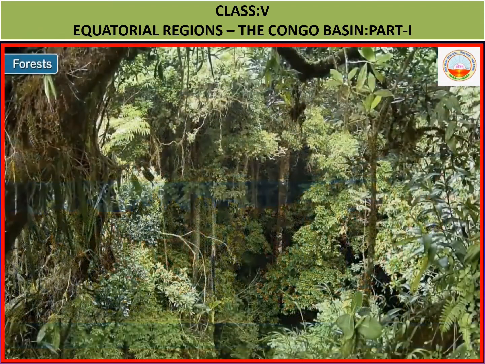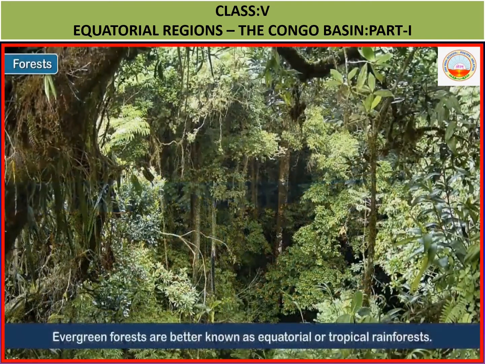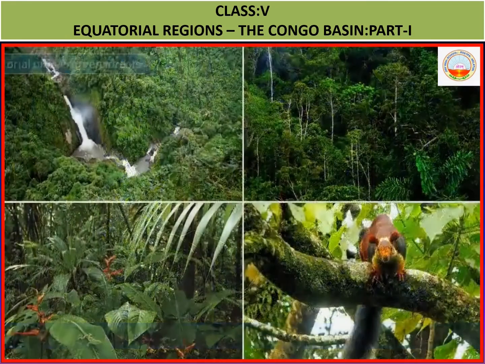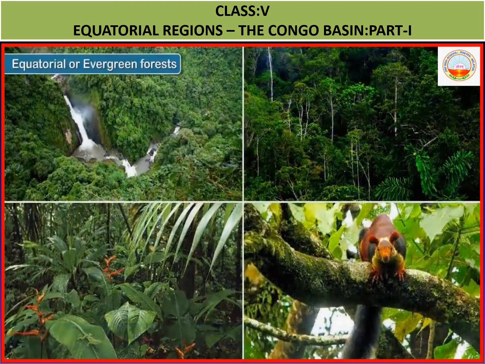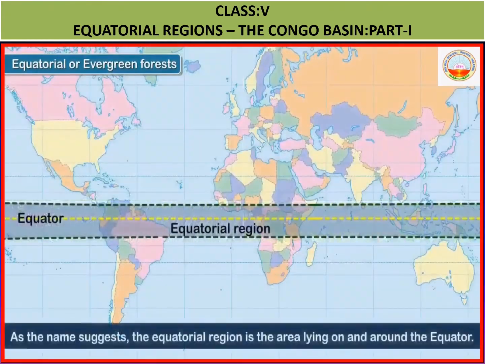Children, let us learn about evergreen forests, better known as equatorial or tropical rainforests. Equatorial or evergreen forests, as the name suggests, the equatorial region is the area lying on and around the equator.